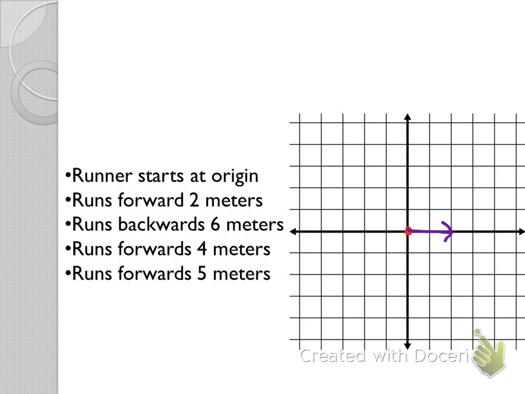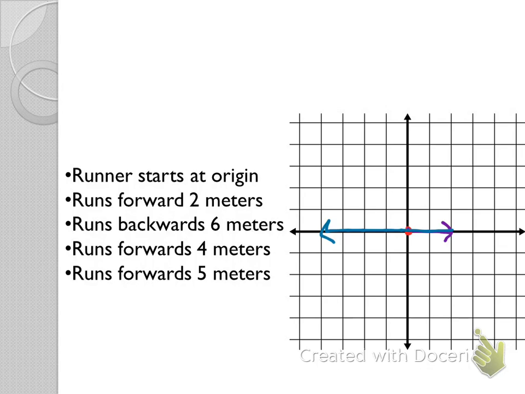Are we clear? Our next vector needs to go from the tip of the last vector in the direction that we want. So we're going to go backward 6 meters. We start at the tip right here and go 1, 2, 3, 4, 5, 6 meters backward. Does that make sense?